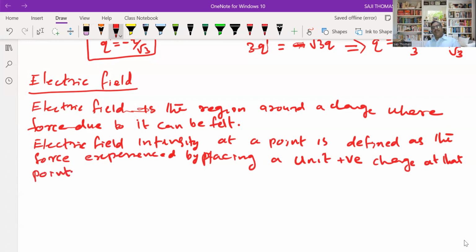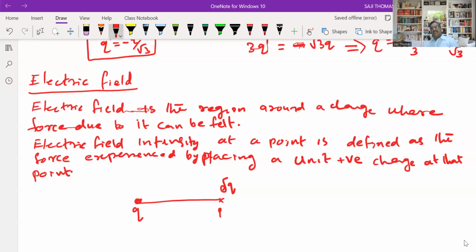Okay. So electric field is defined as the force per unit positive charge. See, this is the electric charge Q. P is a point. To find the field here, suppose I am placing a test charge delta Q there.